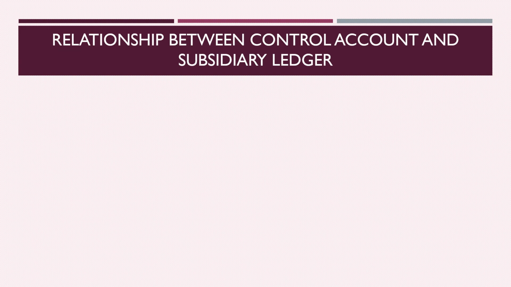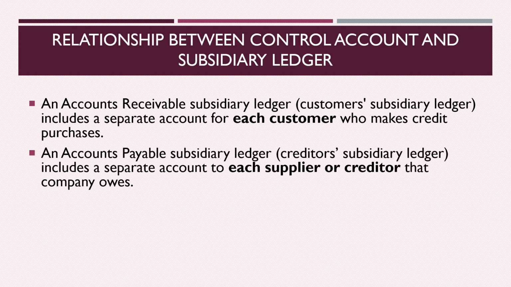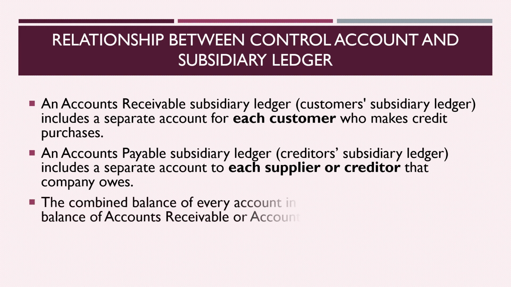Relationship between control accounts and subsidiary ledger. An accounts receivable subsidiary ledger, that is the customers' subsidiary ledger, includes a separate account for each customer who makes credit purchases. An accounts payable subsidiary ledger, that is the creditors' subsidiary ledger, includes a separate account for each supplier or creditor that the company owes.